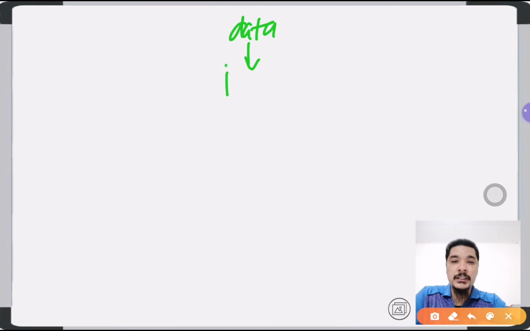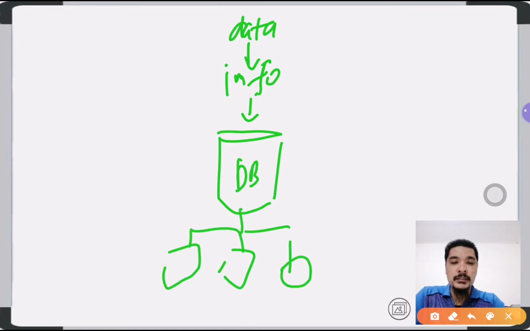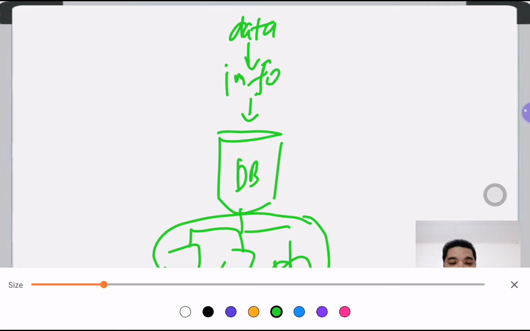We have data, and then the data will turn into information, and the data will be stored in the database. Okay, so we have a table here. So this is our ERD, consider done.